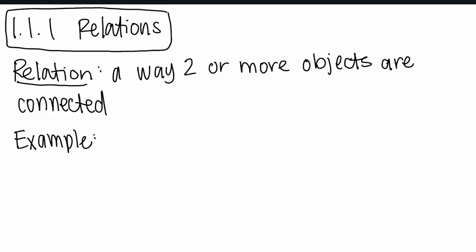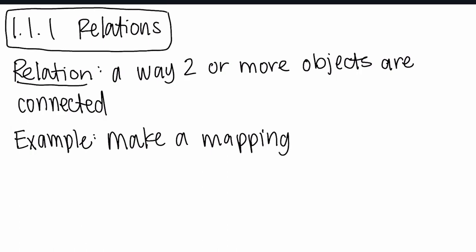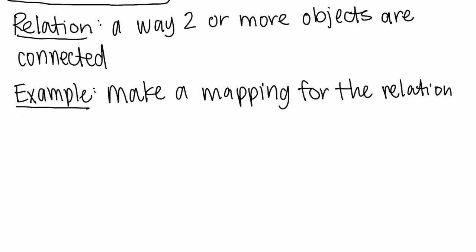it says make a mapping for the relation. So a mapping is just a way that we are going to show our connections between the inputs and the outputs.